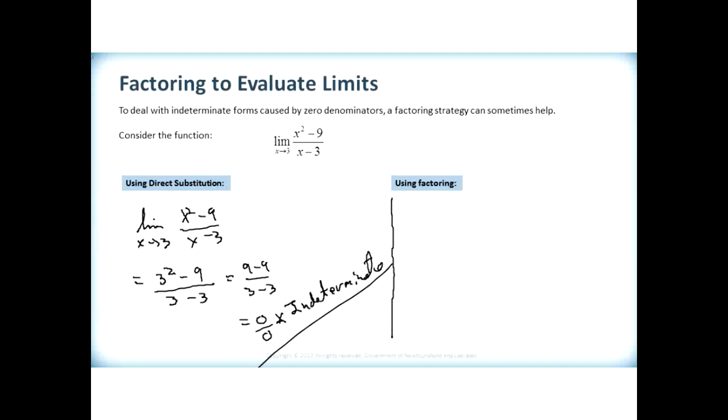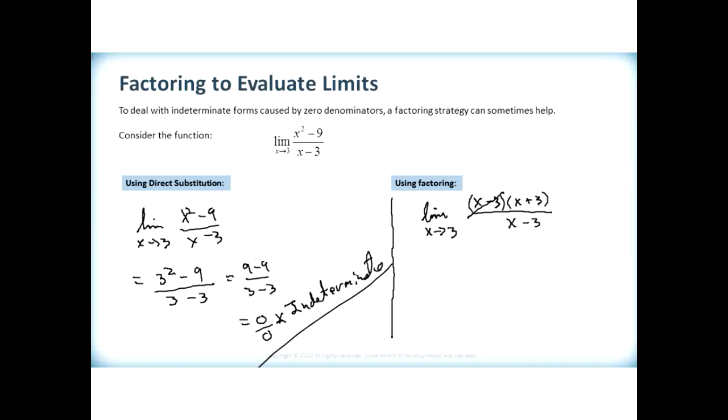The first strategy we're going to learn is called factoring, which is something we all know well. We take the expression inside our limit and factor the numerator, x squared minus 9, because it's simply a difference of two squares: x minus 3 times x plus 3, all divided by x minus 3.